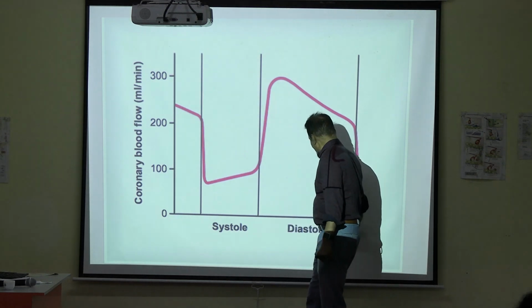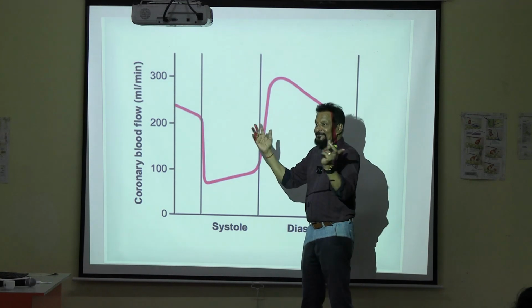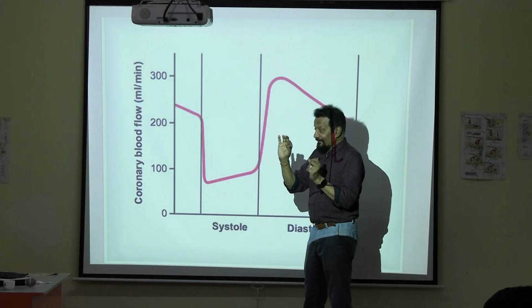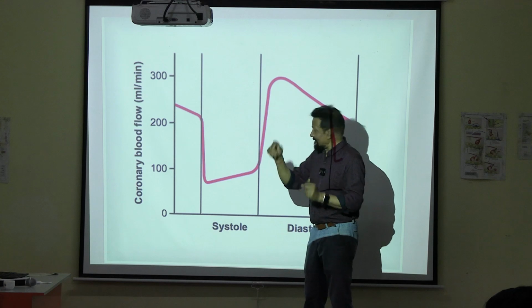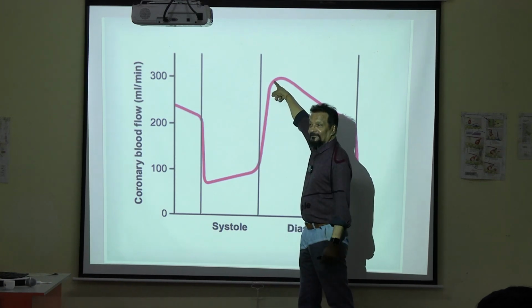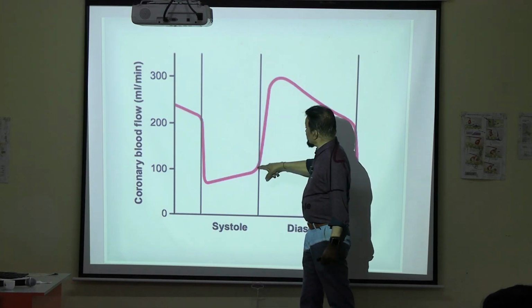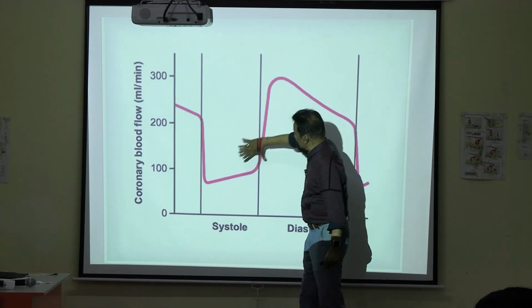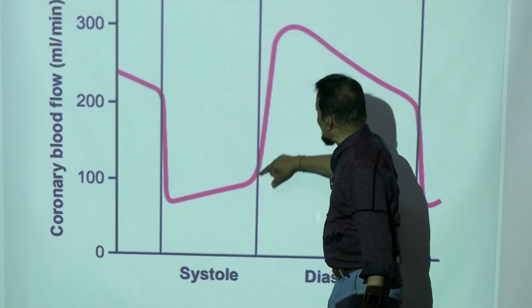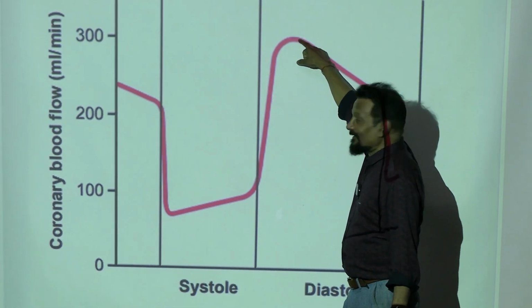Then diastole: now it is relaxing, blood vessels become dilated, so flow will increase. So during systole flow is reduced, during diastole flow is increased.